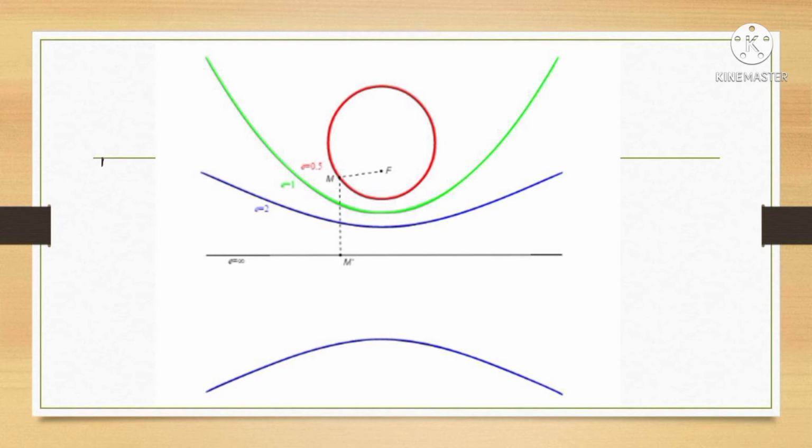The circle is on the inside of the parabola, which is on the inside of one side of the hyperbola, which has the horizontal line below it. In this way, increasing eccentricity can be identified with a kind of unfolding or opening up of the conic section.